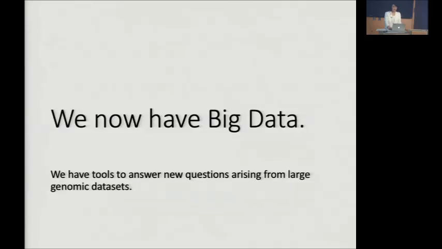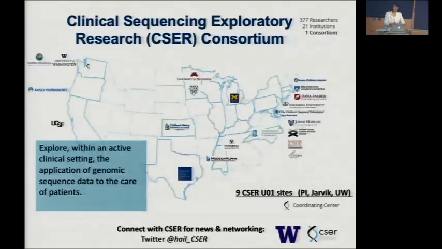So we now have access to big data and big tools to start to answer these questions. I want to just briefly mention the Clinical Sequencing Exploratory Research Consortium, which is led by Gail Jarvik here at the University of Washington, and is a consortium of centers which are working to understand how to apply genome sequencing and exome sequencing to clinical problems.